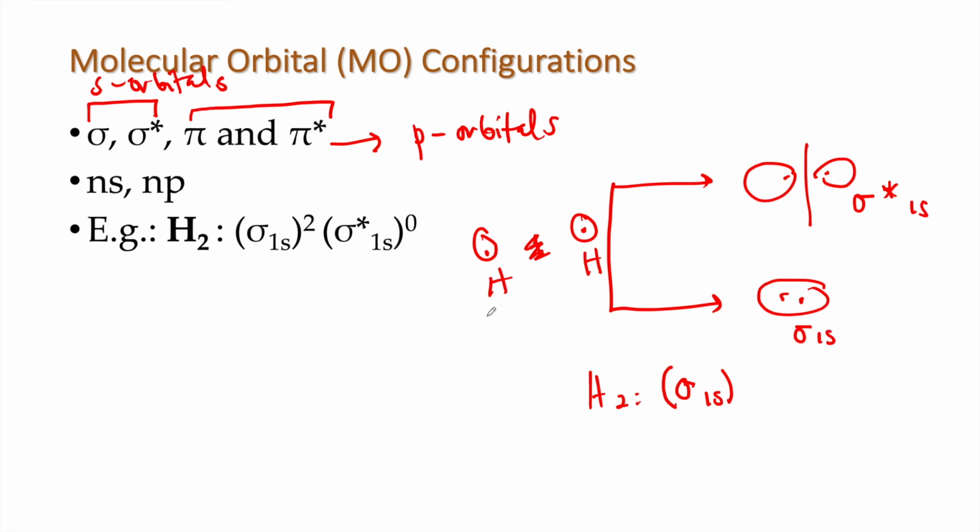This is 1s1 and this is 1s1, so 1 plus 1, we have 2 here. Then followed by sigma star 1s. How many electrons do we have here? We only have 2 electrons, and these are already occupied in sigma 1s, so this becomes 0.